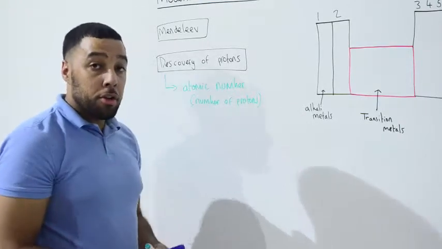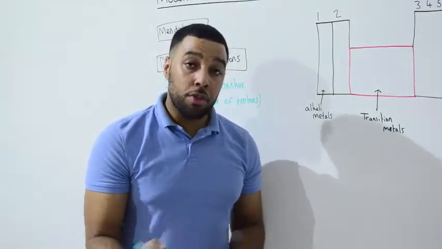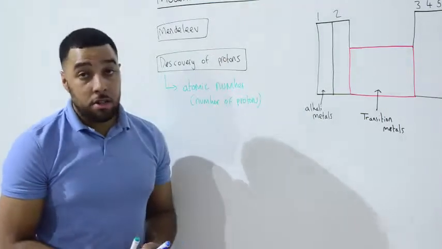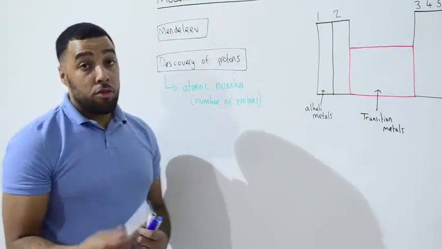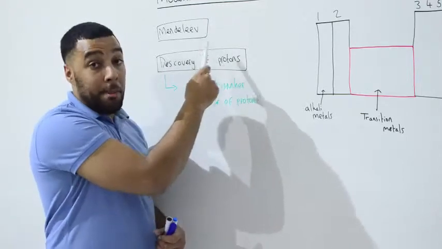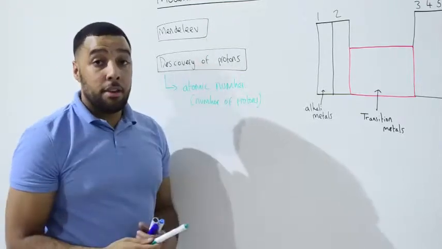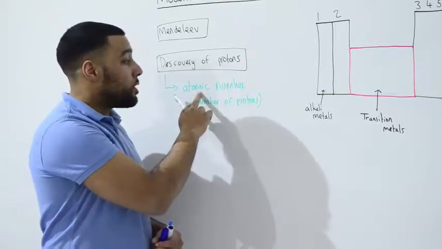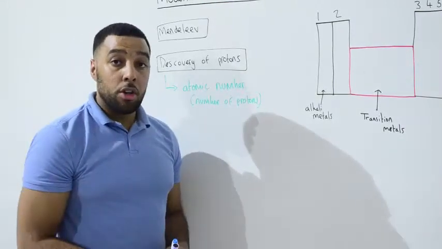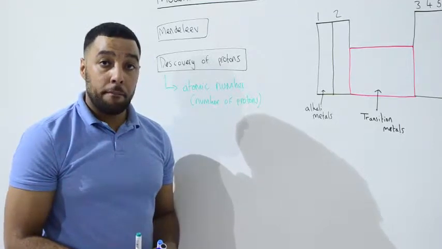So in our modern periodic tables, the ones that you will see on your exam sheets and in books, the elements are no longer arranged according to their atomic mass, like Mendeleev, but we now order the elements according to their atomic number, or their number of protons.